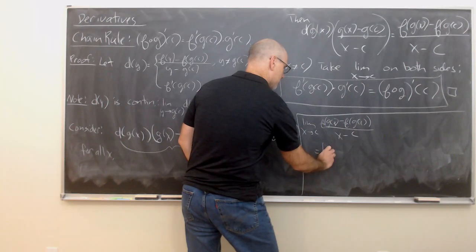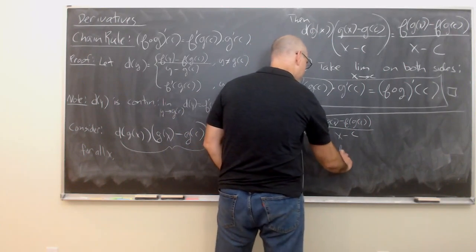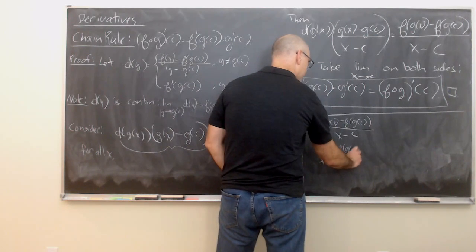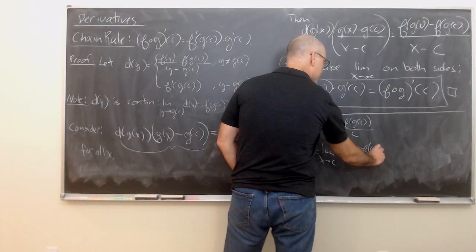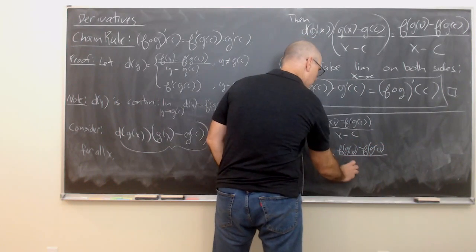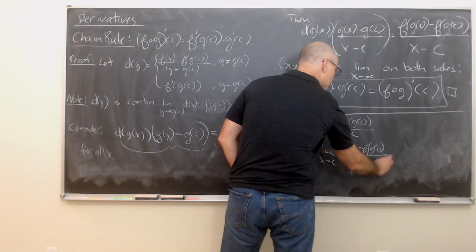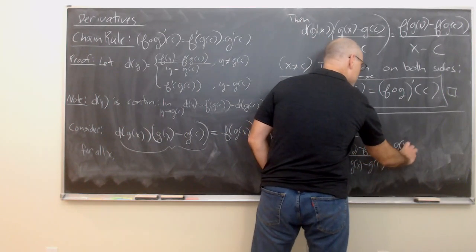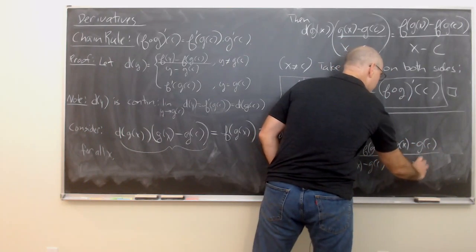And then we could write this as the limit as x approaches c of f of g of x minus f of g of c over g of x minus g of c times g of x minus g of c over x minus c.